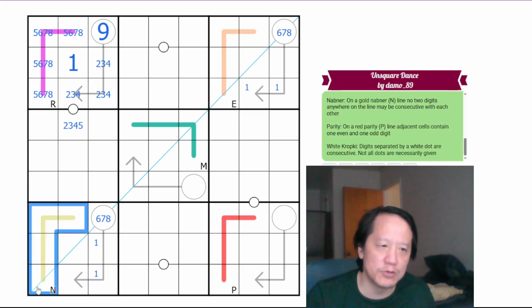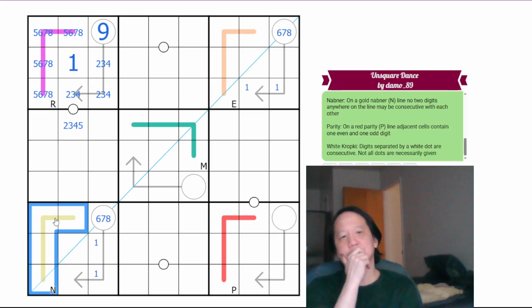So this Nabner line cannot have a 1. Okay. That's going to be interesting. This Nabner line cannot have a 1.